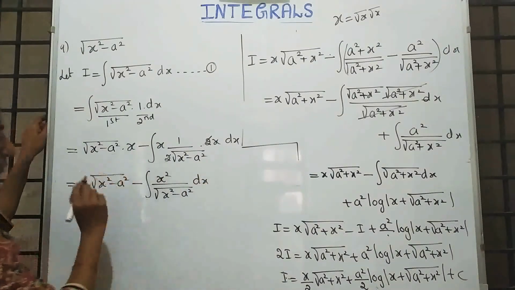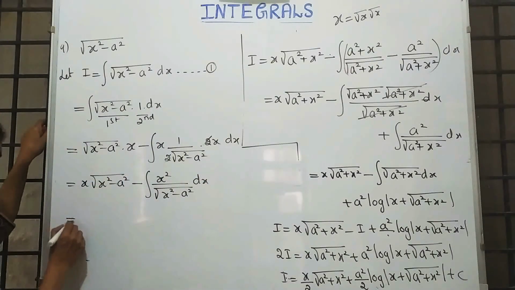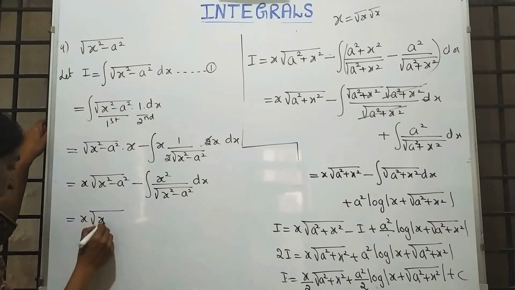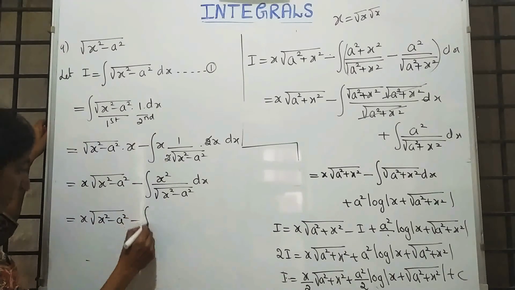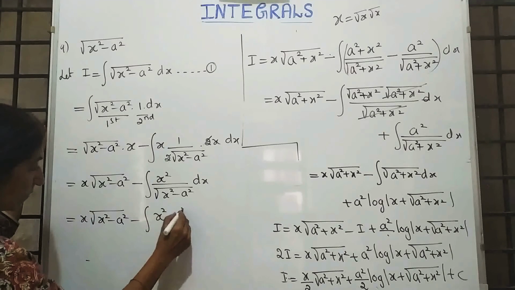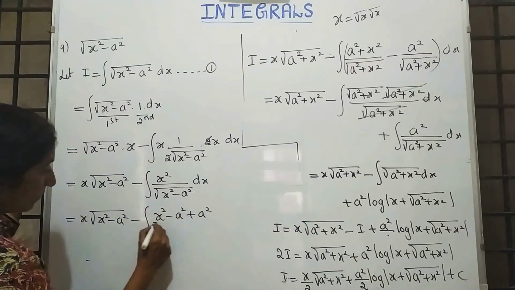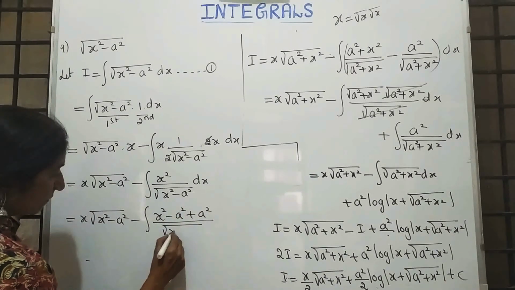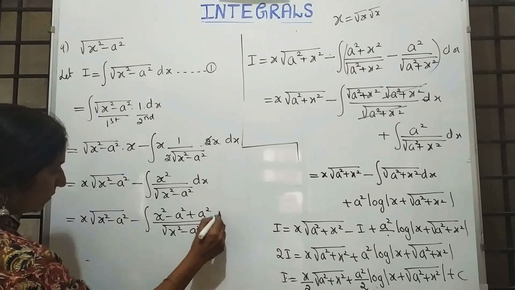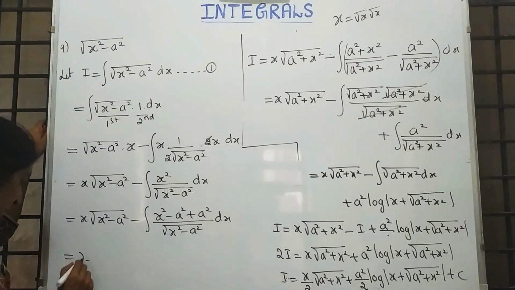And in the denominator we required x square minus a square, that's why the arrangement is like this. And after that make the grouping of that.